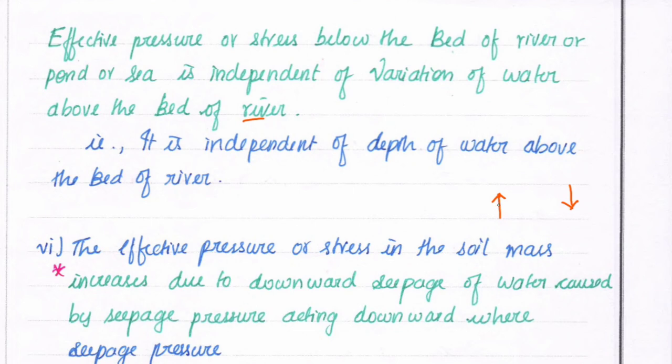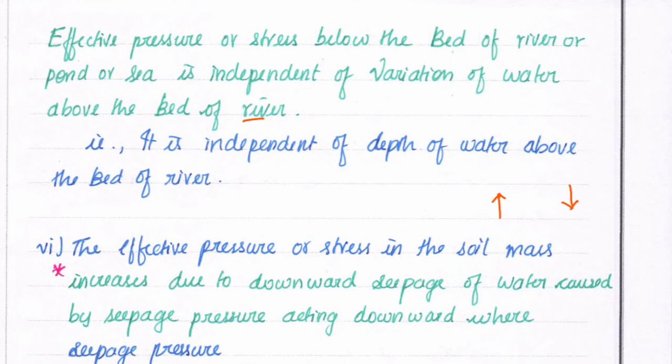Whenever the upward pressure is high, the effective pressure will be 0, that is, the total pressure is equal to the pore water pressure. So the soil tends to move upward, like a liquid. That is called the quicksand condition.